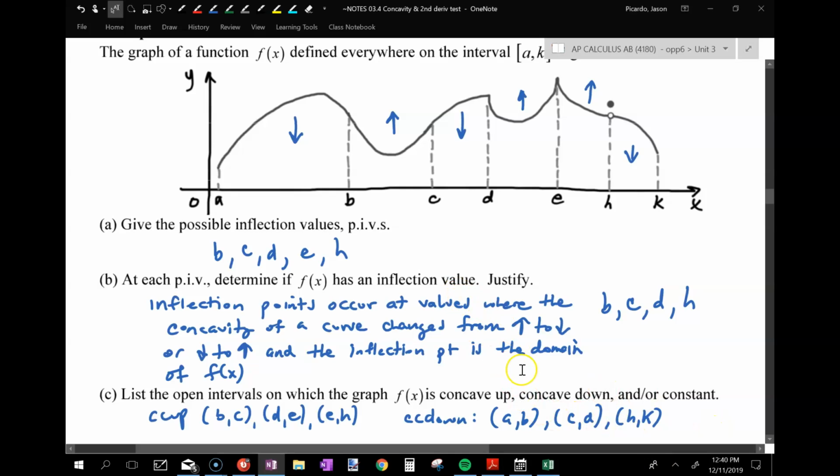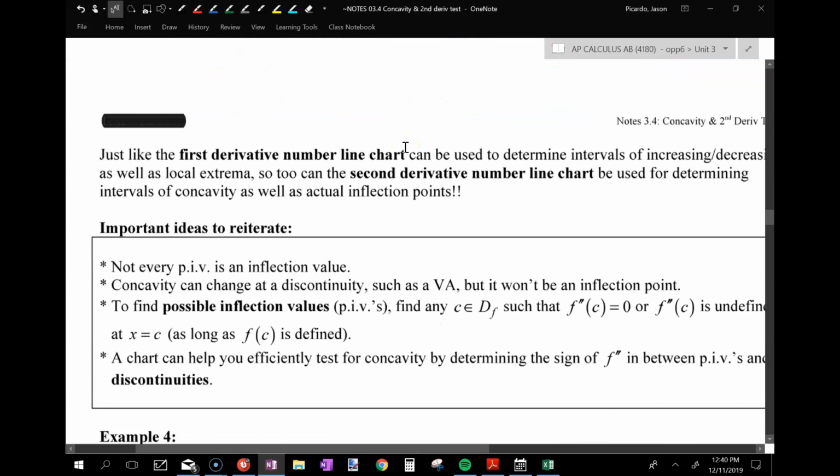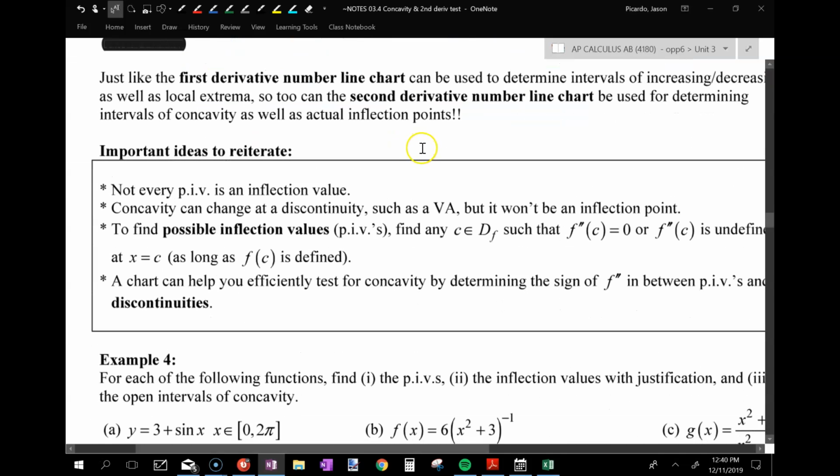So we've done all of this analysis and talk about what these look like. We haven't done anything involving the actual calculus, have we? So some important things before we get into the calculus. Important idea number one, not every PIV is an inflection value.